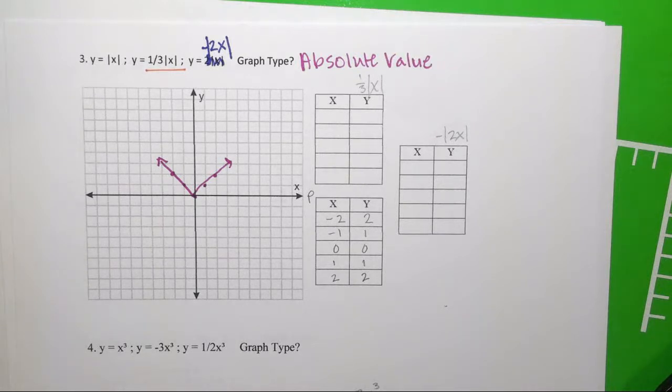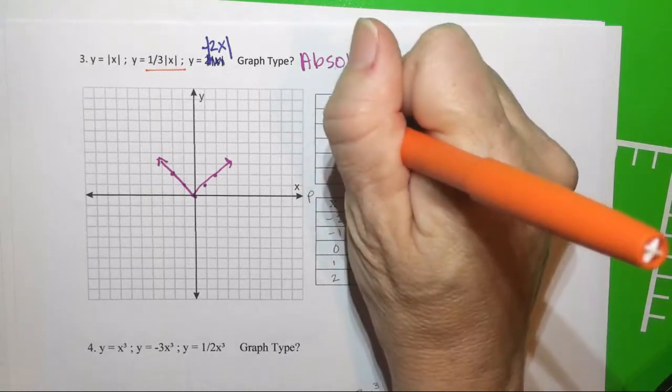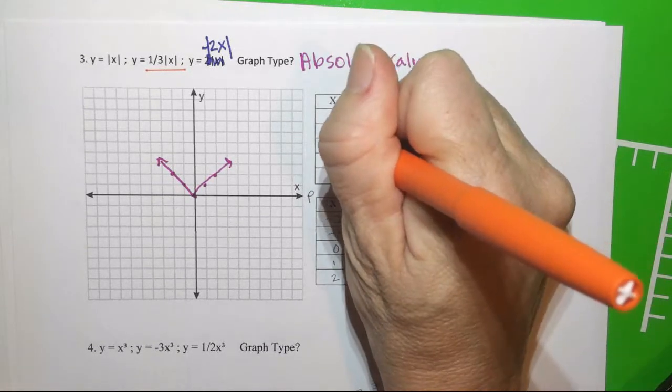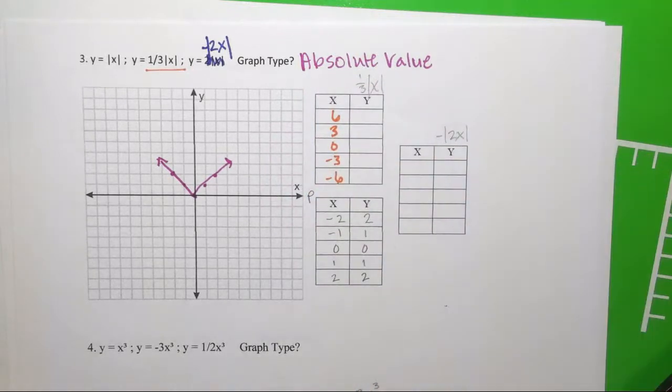So when you do these, I'm going to put some numbers into our t-table that are going to be easy to divide 1/3 by, or multiply 1/3 by, which is the same thing as dividing by 3. So I'm going to try 6, 3, 0, -3, and -6.